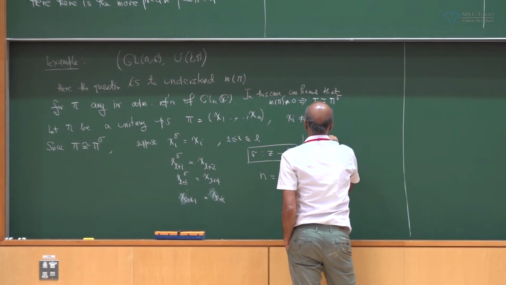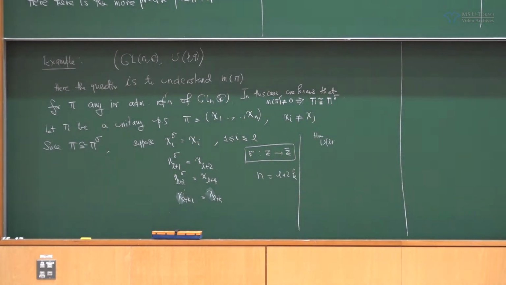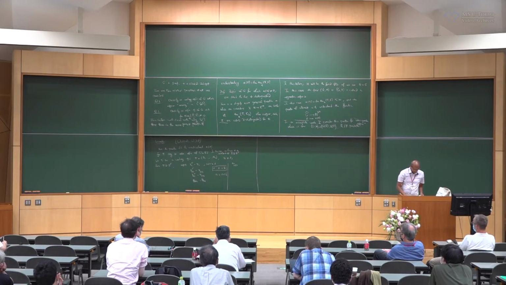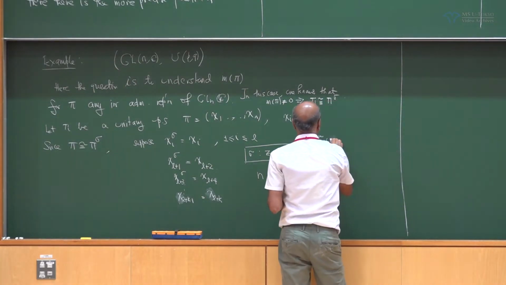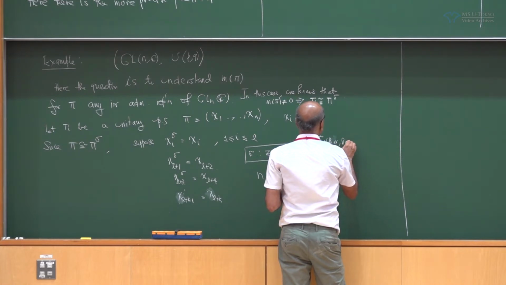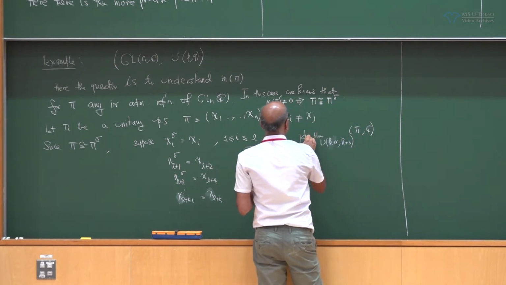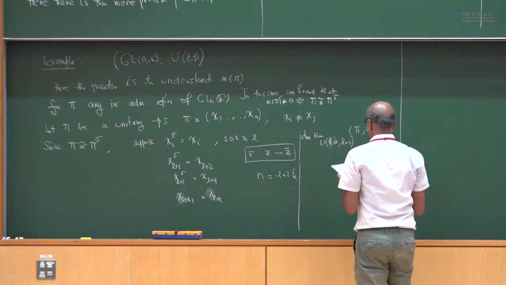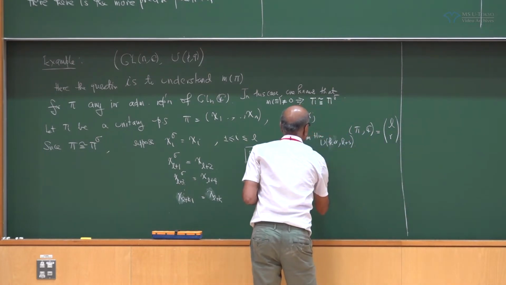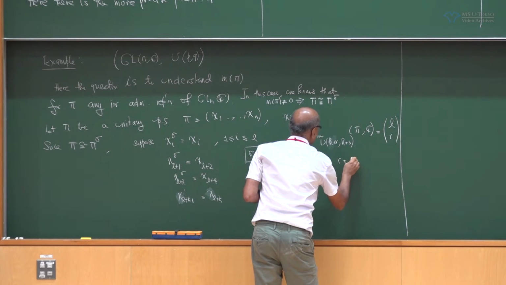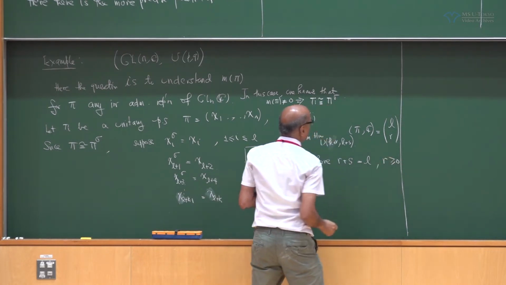one says that the dimension of Hom_U(k+r, k+s) of pi comma C is equal to the binomial coefficient L choose r, where r plus s is equal to L and r is equal to 0.